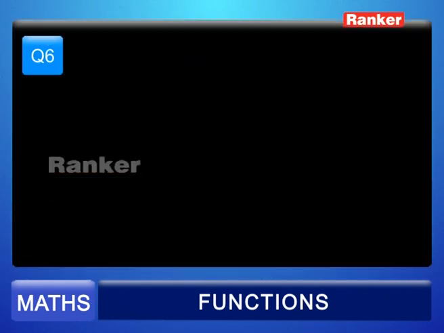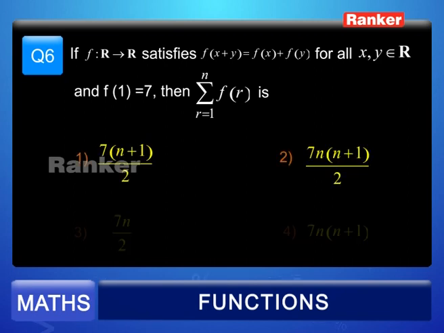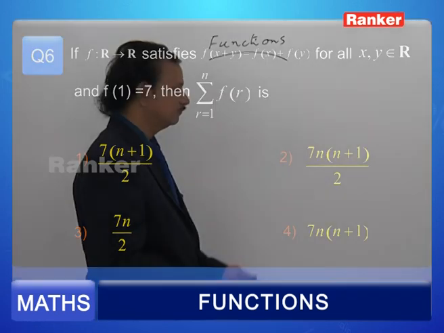The next question: f is a real function, that is from R to R, satisfying f of x plus y is equal to f of x plus f of y for all x, y belonging to R, and f of 1 is equal to 7. Then sigma r equal to 1 to n f of r is? What is given?